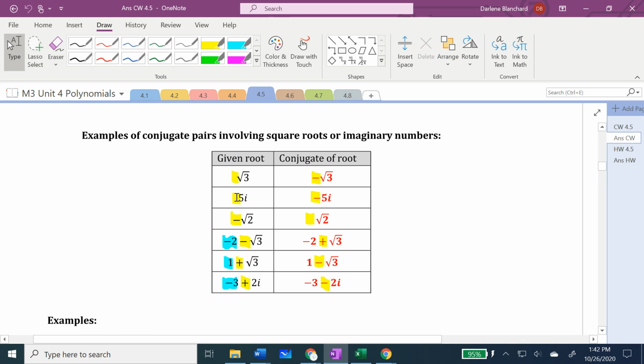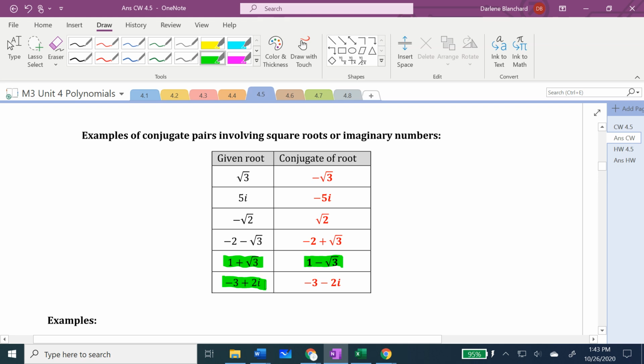If you are told that 5i is the root of a polynomial, what also has to be a root of that polynomial? Negative 5i. If 1 plus the square root of 3 is one of your roots, its conjugate is changing the sign on the root.